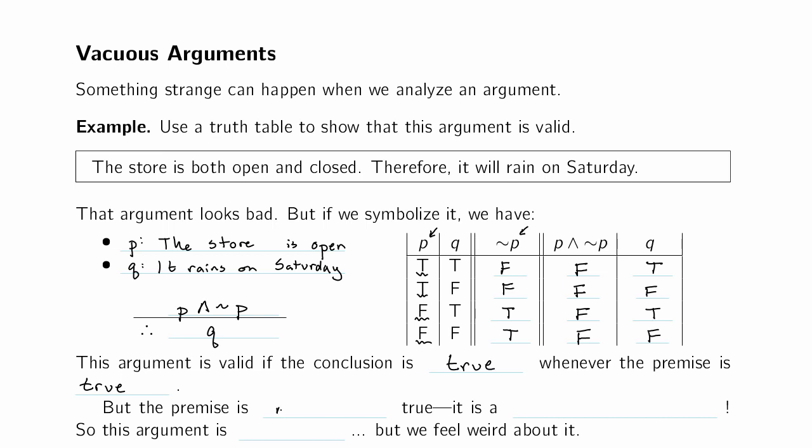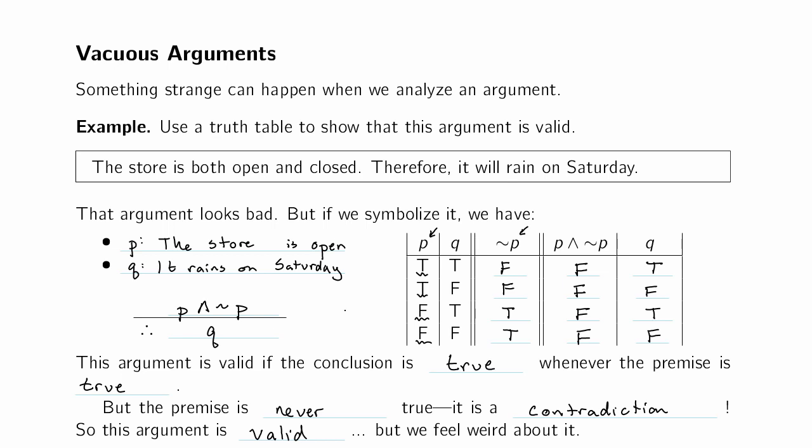This premise is never true. Remember, we call a statement like that a contradiction. So, since the premises are never true, there's never a case where the premises are true and the conclusion is false. So this argument is valid, but we feel weird about that. We don't like that this argument is valid.